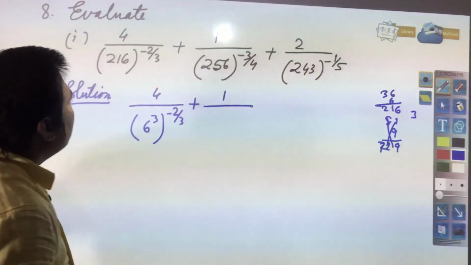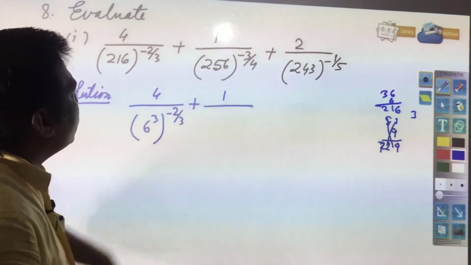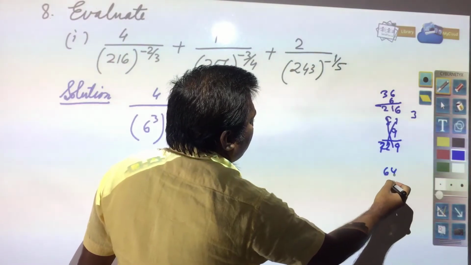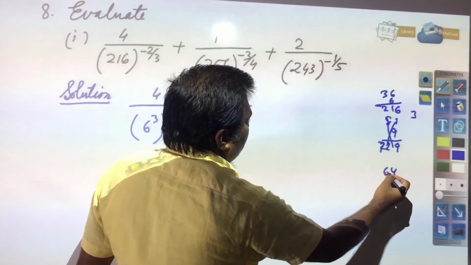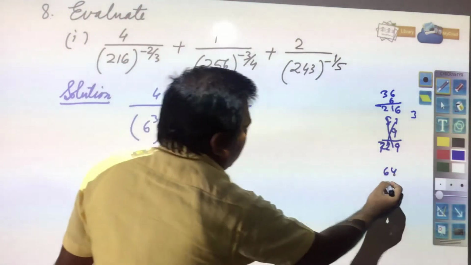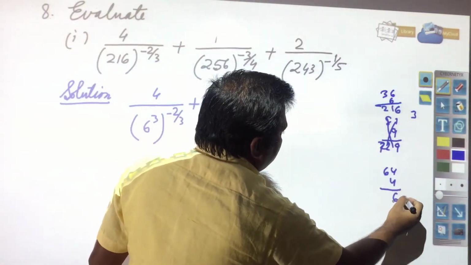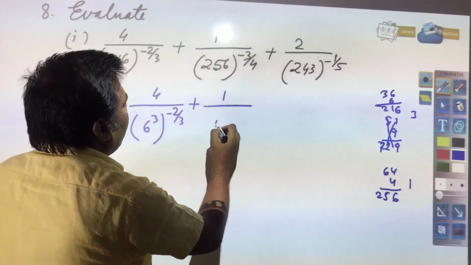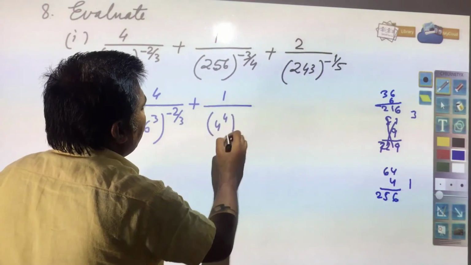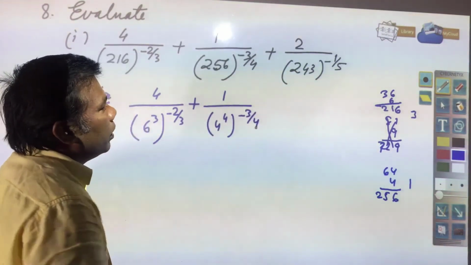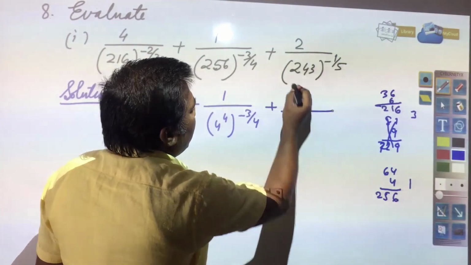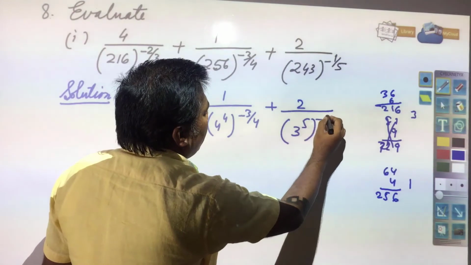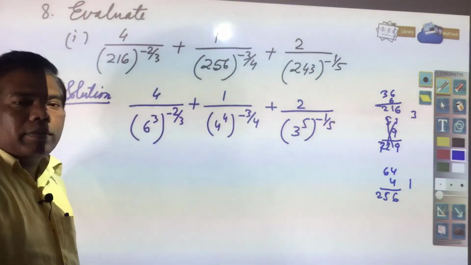1 by, again we need to know 256 also. 256 means it can be written as 4 to the power 4 and to the power minus 3 by 4 plus 2 by 243, just now we had seen, this will be 3 to the power 5 to the power minus 1 by 5.